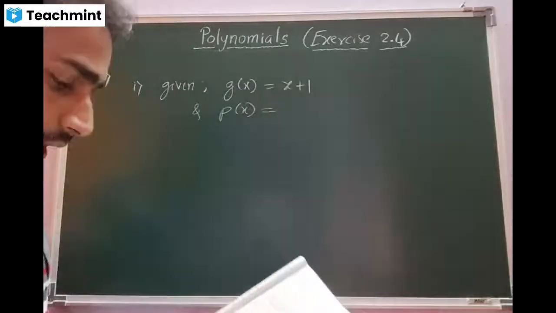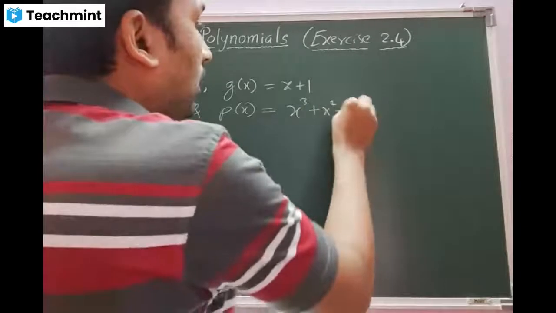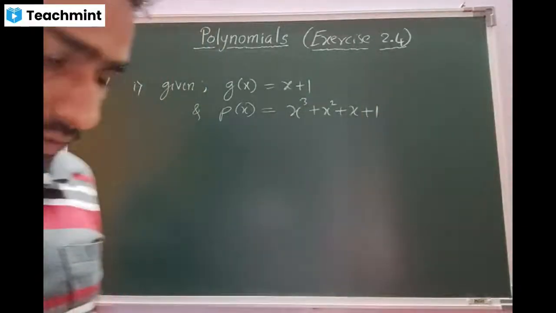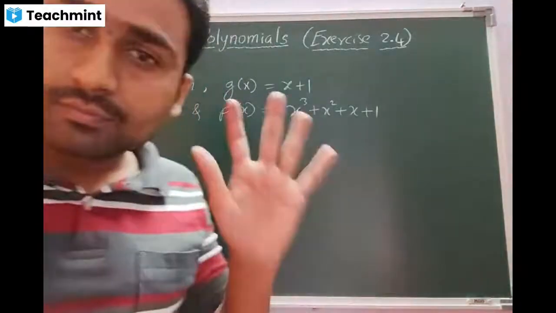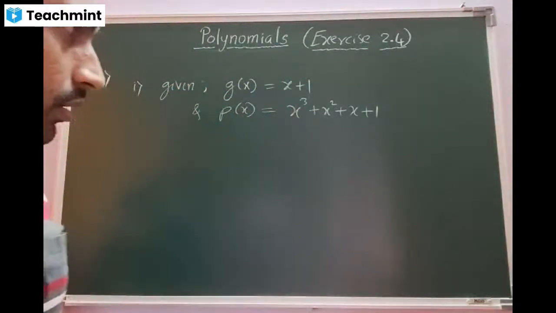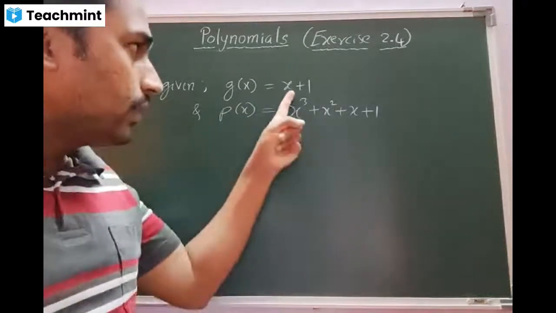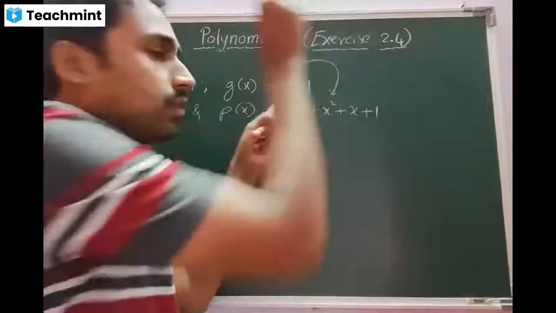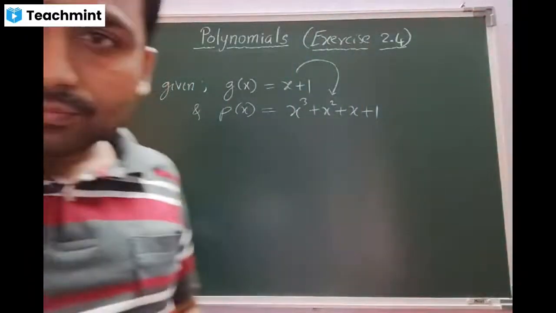And p of x is x cube plus x square plus x plus 1. This is nothing but the dividend. Now, the question is, we have to decide whether this will be the factor of this or not. Clear, beta?